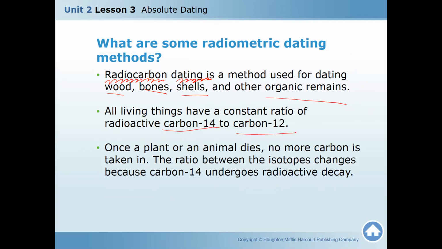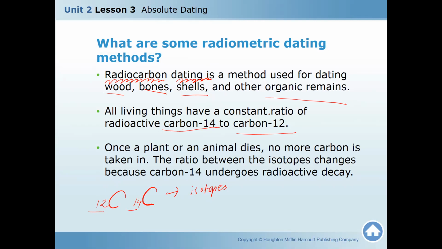What are carbon 14 and carbon 12? Both are the same element, carbon. But their mass numbers are different. The number of neutrons is different. That's why they are called isotopes.